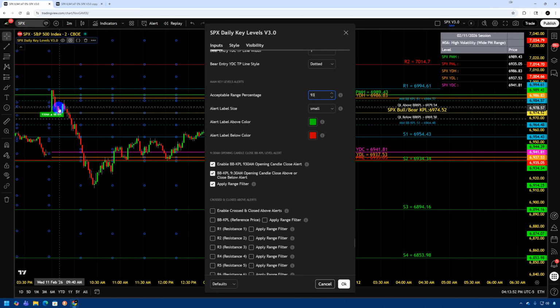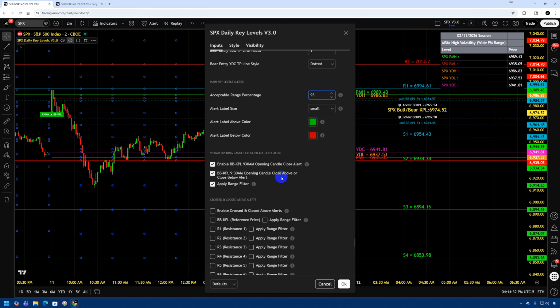So as you can see here, oftentimes this is the case, that if you have an overextended close above on the opening candle, you oftentimes get a reversal, such as we had today. Now, as I said, you can make this lower. As an example, if you don't want to enter anything that is above the midpoint, then you could change this to 50, and 50% would be the midpoint here or the midpoint here.